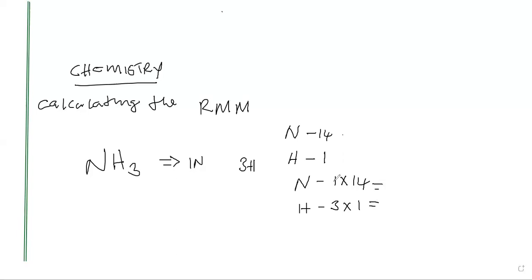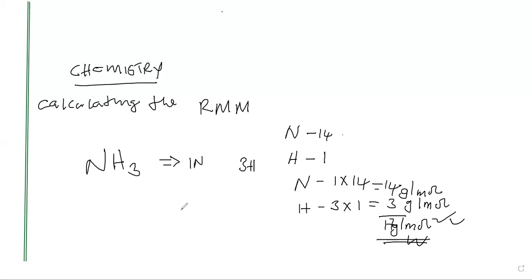So we have 1 multiplied by 14, simply 14, and 1 by 3, which is just 3. Then we add, so we have 17 grams per mole. Remember, the unit here is gram per mole. So we have that as our final answer.